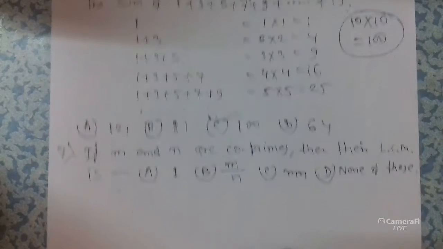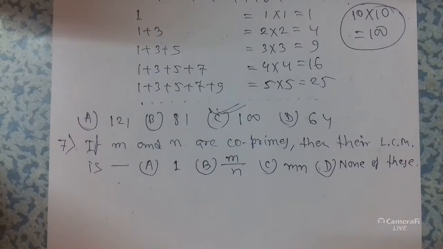So students, if M and N are co-primes, that means these two numbers have no common factors. These are co-primes, that means the numbers have no common factor. So we have to multiply the numbers.